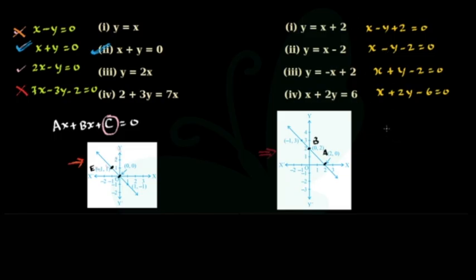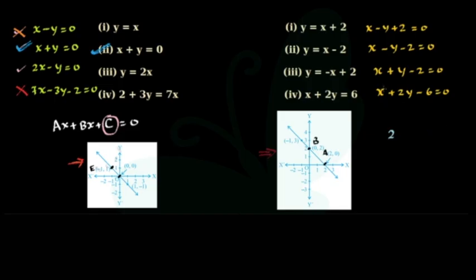So for the first one, if you just plug in 0 comma 2, 0 minus 2 plus 2, okay, we are getting the right hand side equal to 0, so the B point is being satisfied by that line. What about the A point? Replacing x with 2, y with 0. Okay, there you see the left hand part is 4, which is not equal to the right hand part, which is 0.